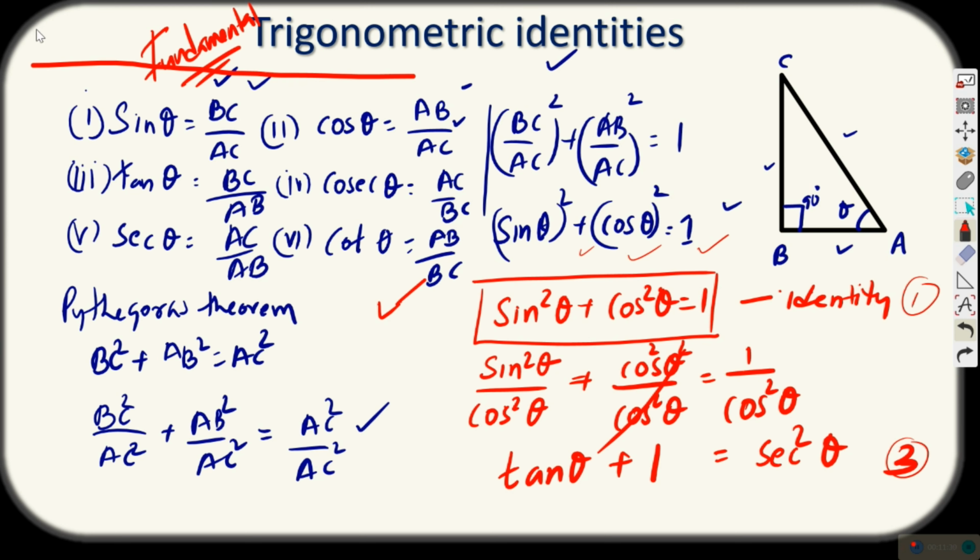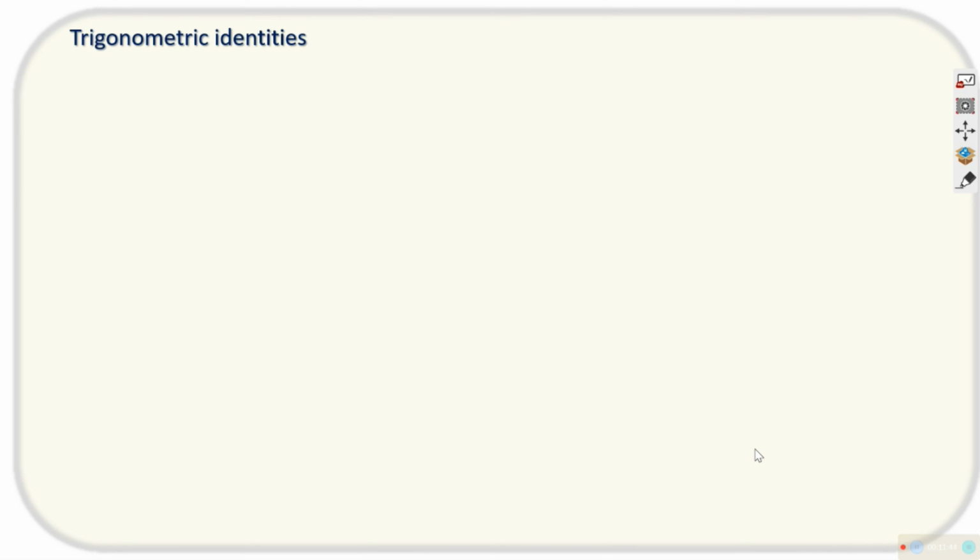Now let us think about applying the concept of trigonometry in certain real situations. That is the next thing that I should do for you. Okay, please wait. Now we will be applying the learned things, especially trigonometric identities, in a real situation, as I told you.